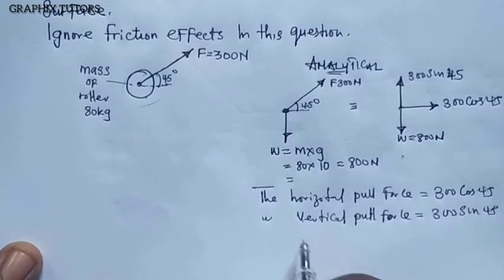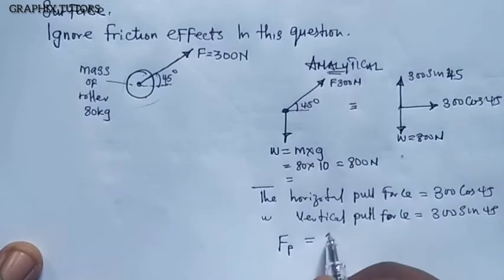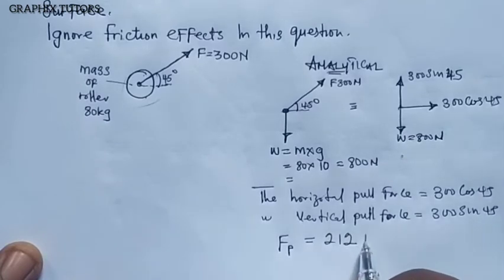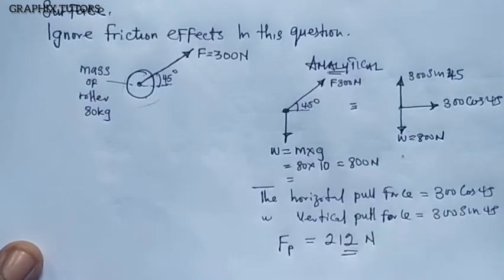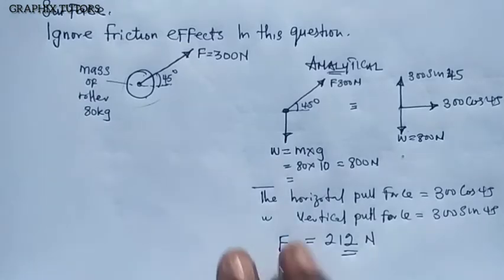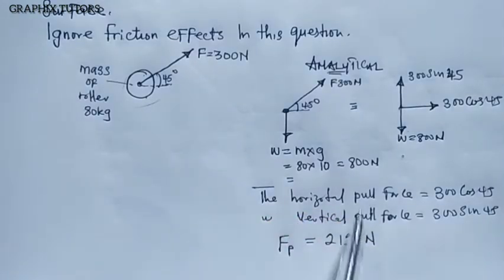So at the end of the day, our pull force will give us 212 Newton approximately. Is that taken now? So this is the analytical way of doing this.